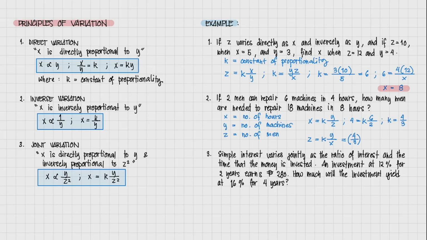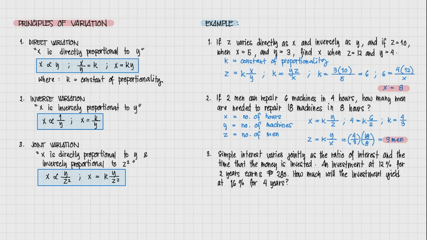Our y in the second case is 18 machines, all over x, which is 8 hours. Let's put that in parentheses. Now what would be our number of men? That would be equal to 3. So 3 men. Let's highlight that.